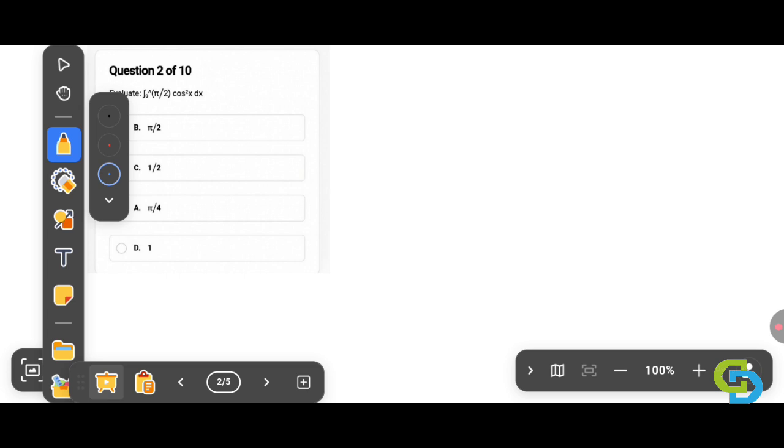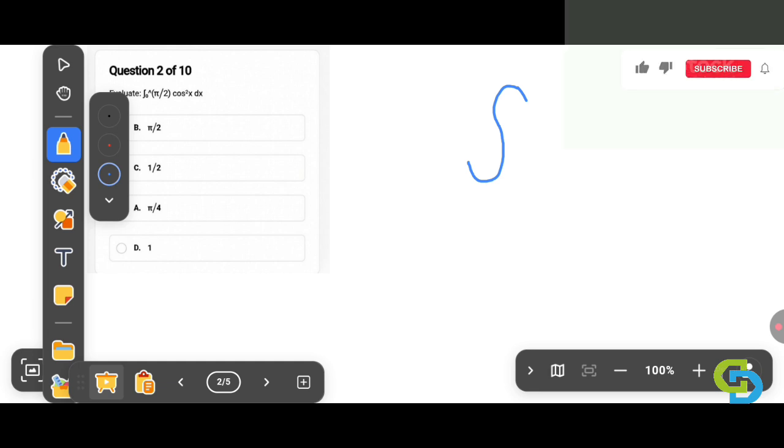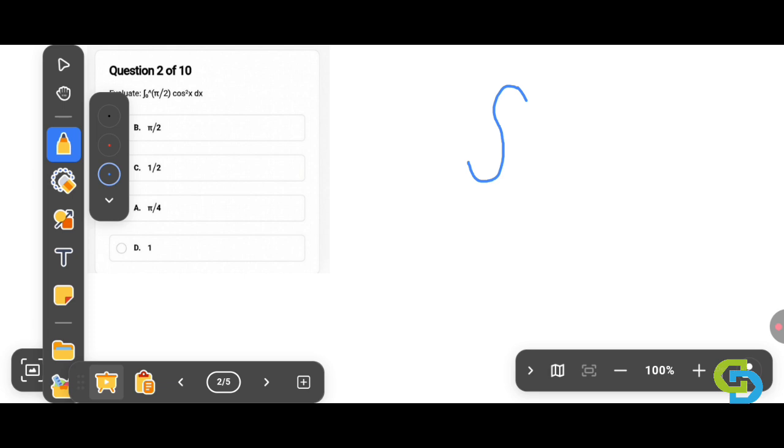When you see this integration sign, it means integration. Now the question is letting us know that we should find the area under the curve, where the position starts from 0 and ends at pi over 2, for cos square x dx.